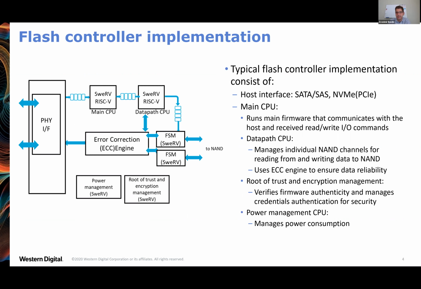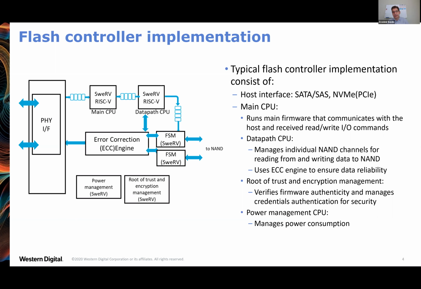When it's reading, it will verify ECC code and, if necessary, correct the errors before it communicates error-free data to the main CPU. And then the main CPU talks to the host and delivers a proper NVM Express formatted data back to the host file system.